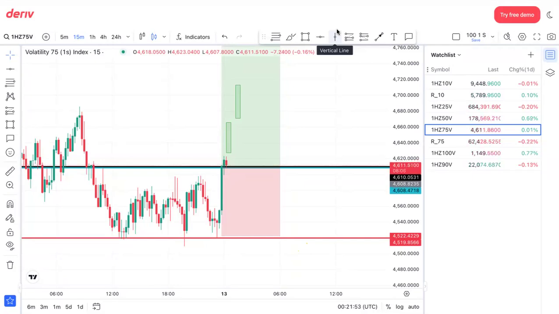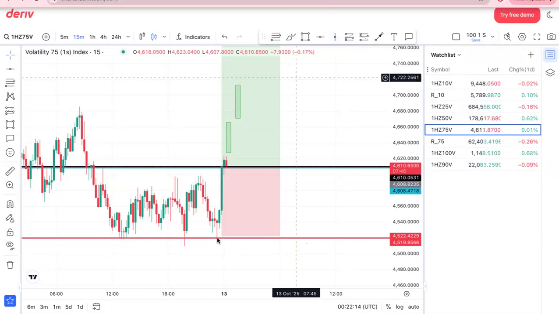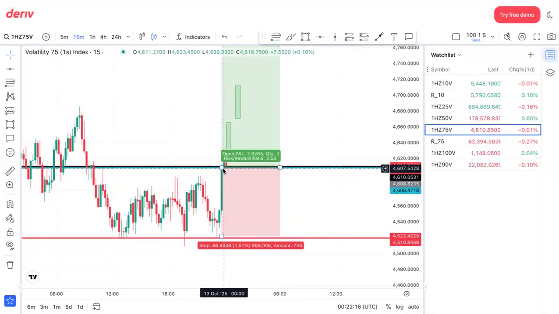You understand? But this is where your lot size comes in. Everybody should have a lot size sheet. When you're trading, you know what lot size to use for what pair. Because VIX is very, very volatile, you can't use a big lot size for the 75 1s. Otherwise, by the time you come back, the account is empty. So say for example we get in for the buy now, you have your lowest lot size.